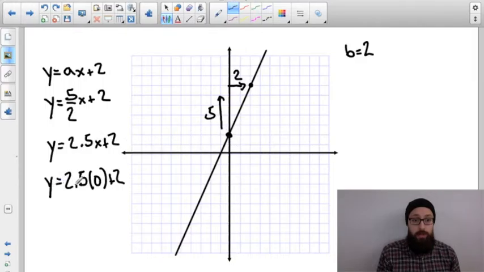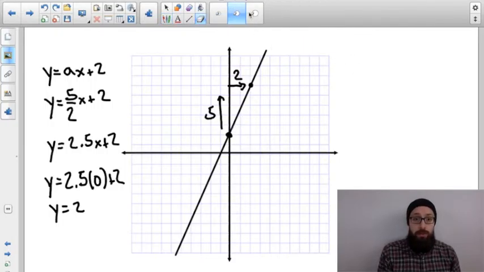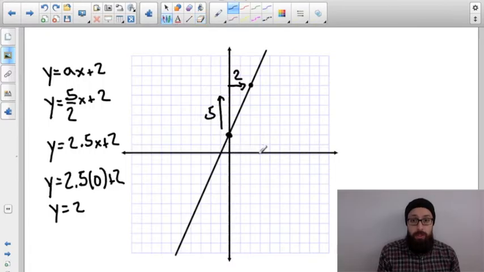Well, 2.5 times 0 is 0, plus 2 gives us 2, so y is equal to 2. Yeah, that works. Or we could work over on this side. Let's see what happens when x is 2. So y equals 2.5 times 2 plus 2.